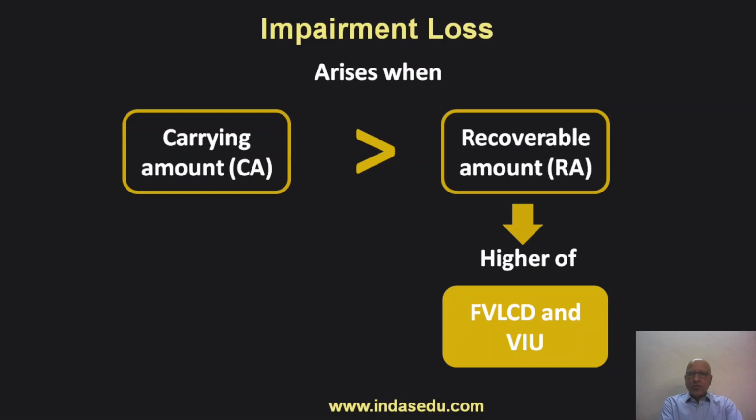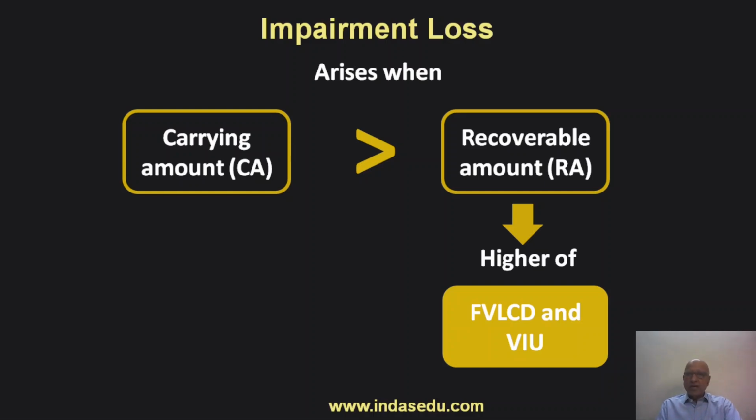Now, we have to see what is cost of disposal. Cost of disposal is simply costs to bring an asset into condition for its sale. That means all incremental costs directly attributable to the disposal of assets.